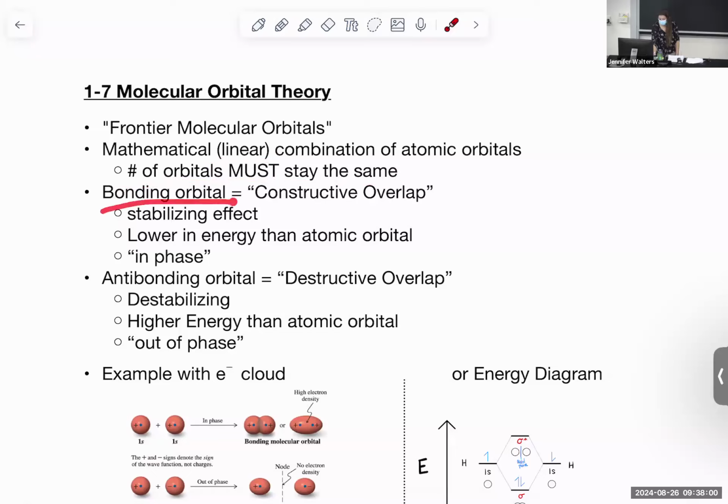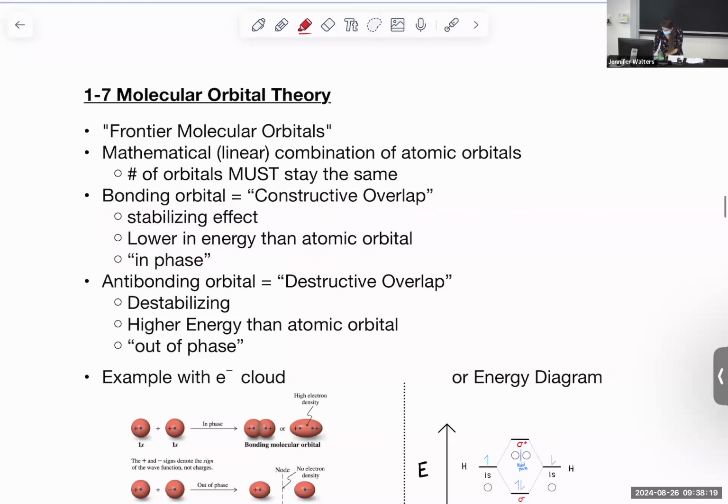Our bonding orbitals are those constructive orbital overlaps. Looking at the wave-like properties, that additive aspect is where we get our bonding orbitals. It is a stabilizing effect. It will always be lower in energy than the original atomic orbitals. It is what we will call in phase.